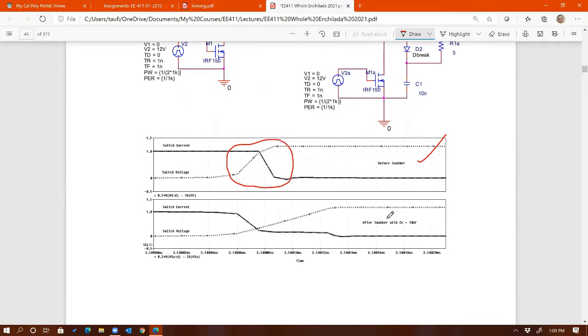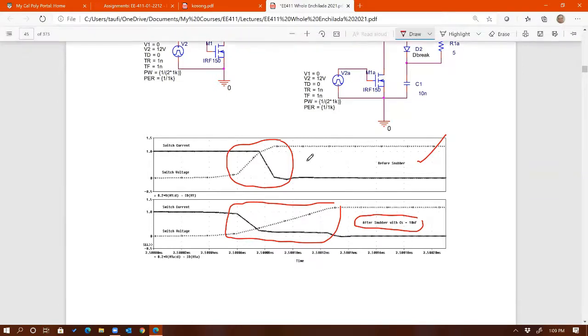And look at what happened after the snubber, when the snubber capacitance is 10 nanofarad. You see the amount of overlap right there is smaller. It's longer to finish the transition time, that's another disadvantage, but if you multiply the two, the product of the waveforms will be less.